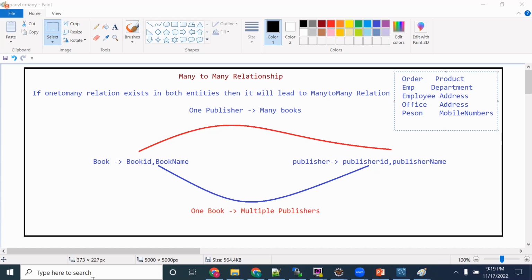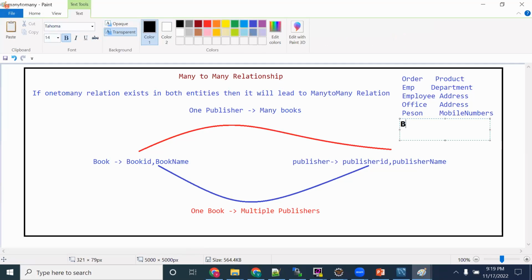Okay. Next, we are taking one more thing: books and authors, or publishers.